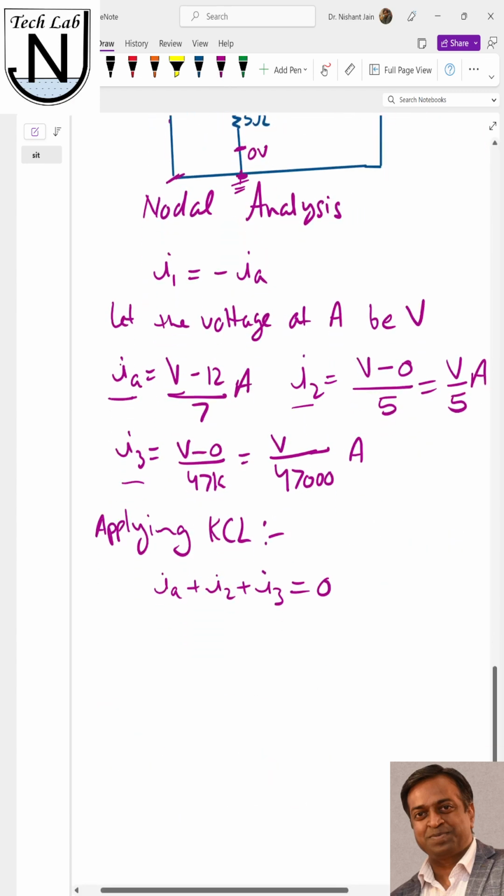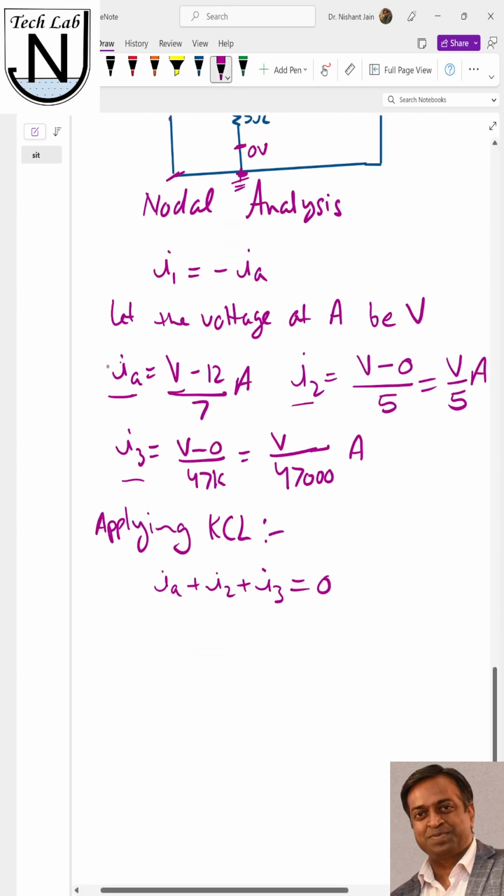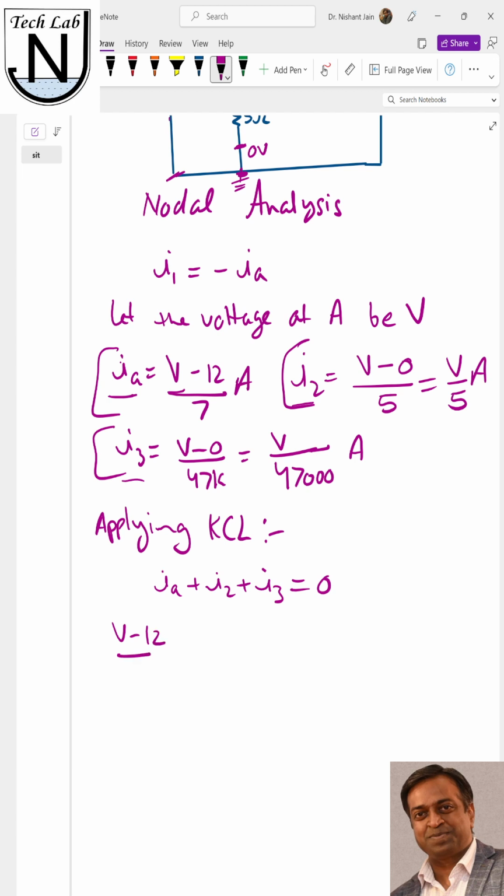Now substituting the value of IA, I2 and I3, I get (V minus 12) upon 7 plus V upon 5 plus V upon 47,000 equal to 0.